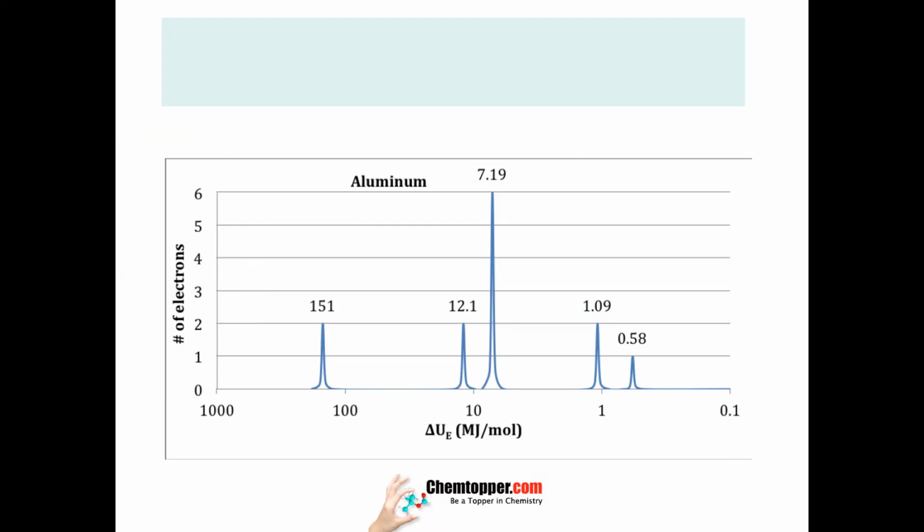What's the configuration of boron? 1s2, 2s2, 2p1. What's the nuclear charge of boron? +5. What's the nuclear charge of aluminum?